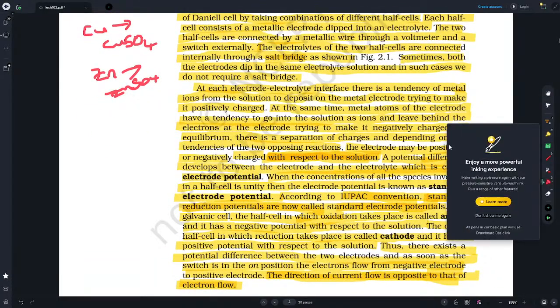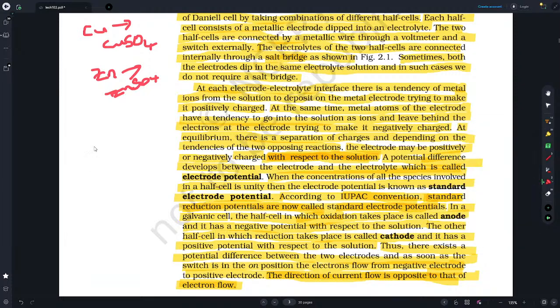Standard electrode potential is nothing but the tendency of any metal ion to accept electrons and become neutrally charged.